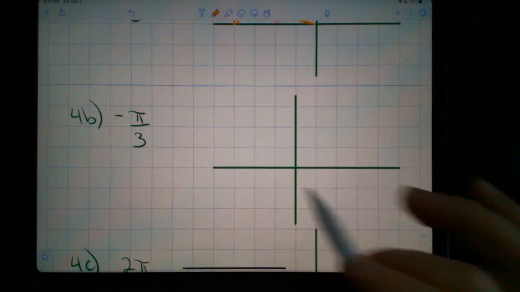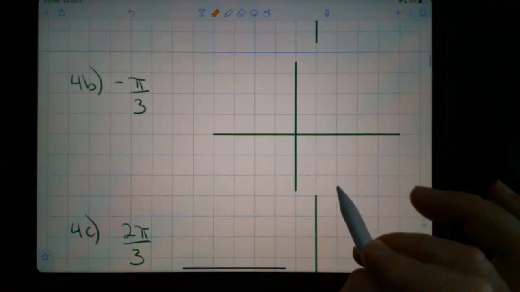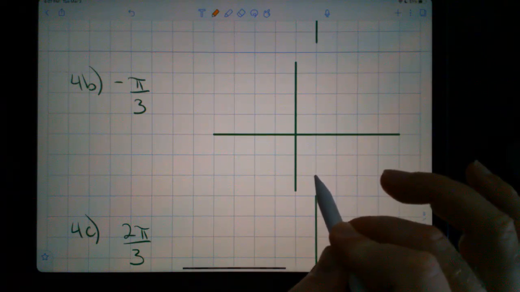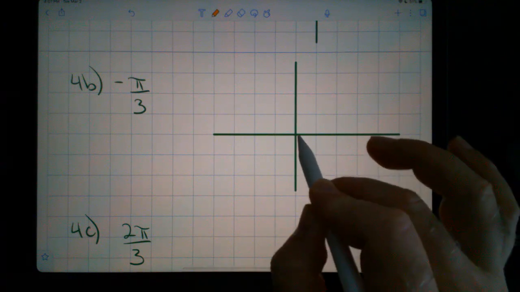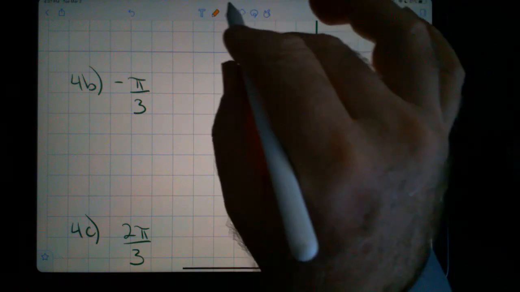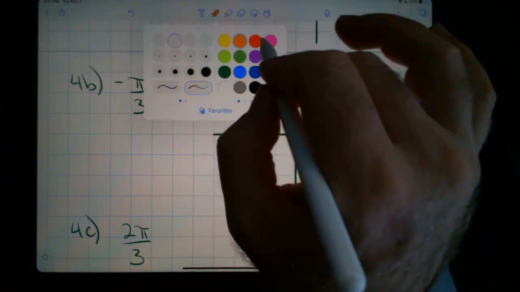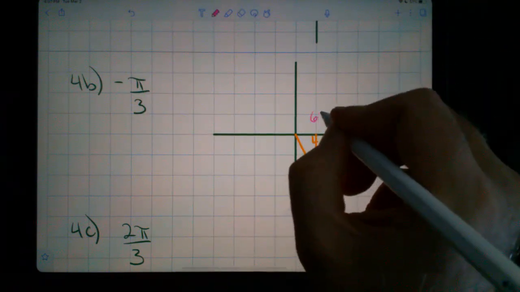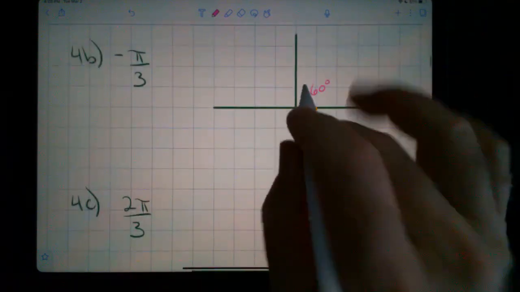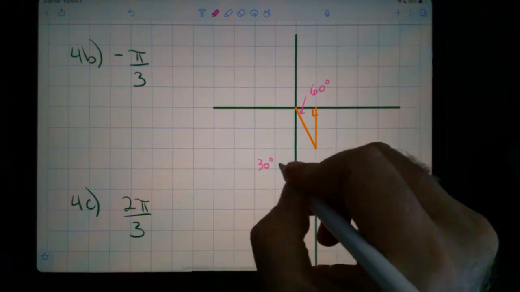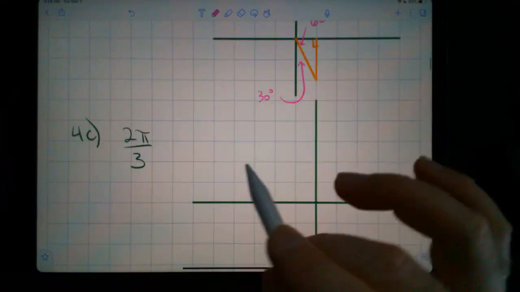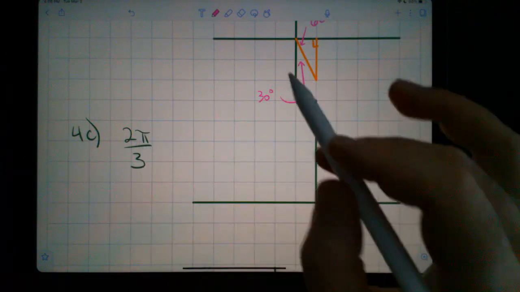Negative pi over 3 is 60 degrees down. We're going to have 30 degrees on this side. 2 pi over 3, this is 120 degrees.